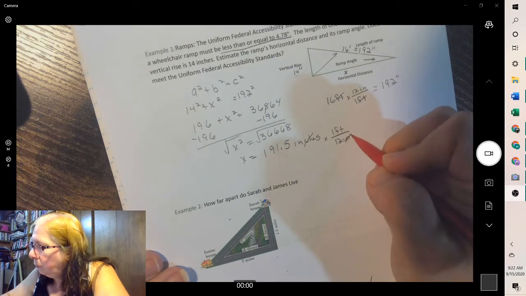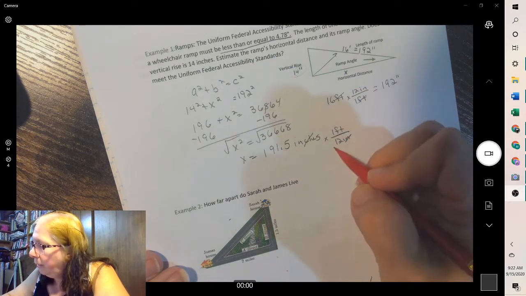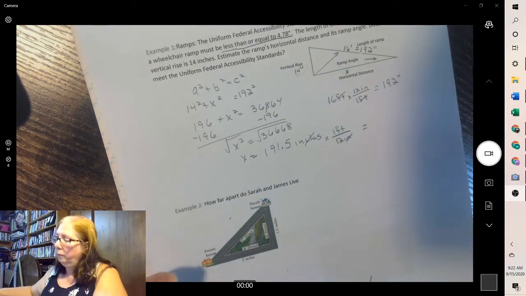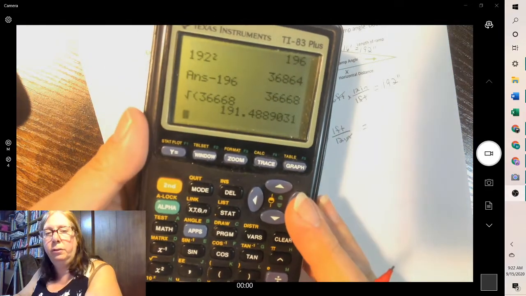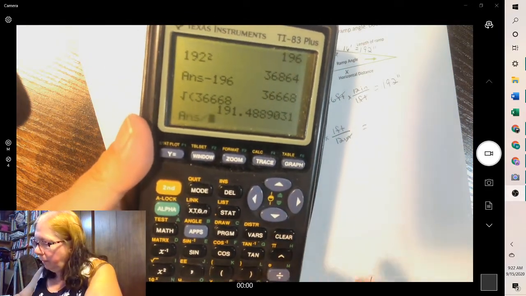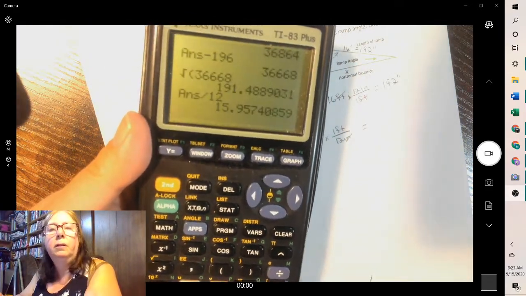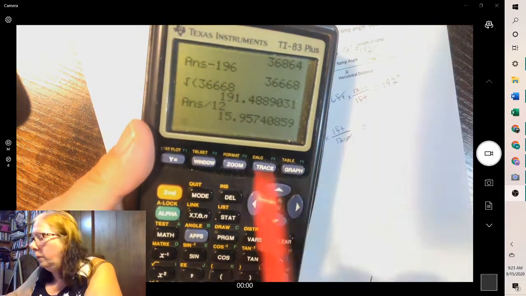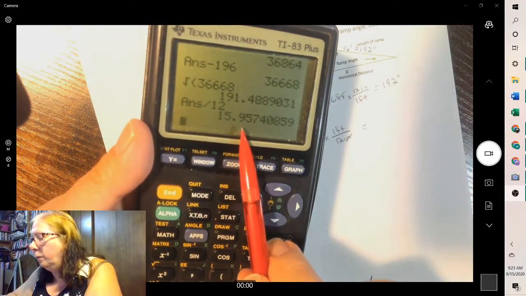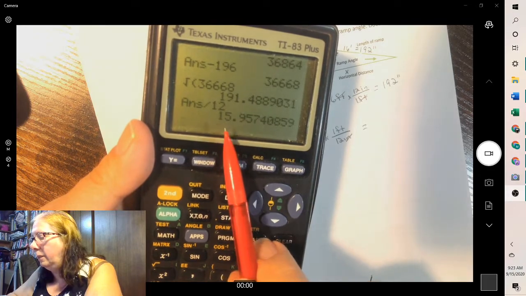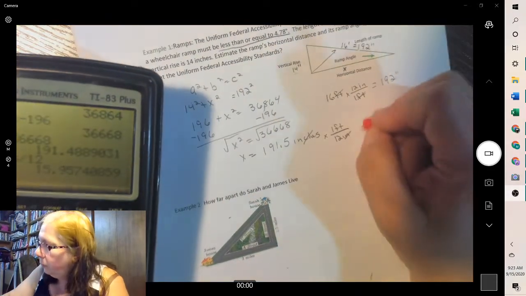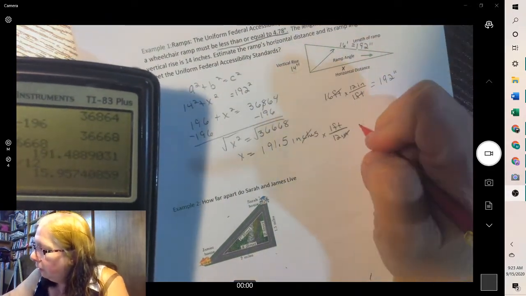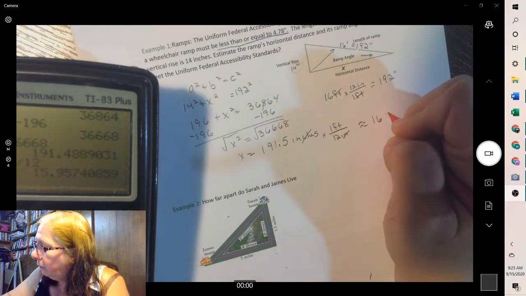That way inches will cancel. That means we need to divide by the 12. I'm taking the whole answer, divide by 12, and get, notice if we go to the 10th, that 5 is going to round that up, so it'll be 16 feet. And since we're rounding, approximately 16 feet.